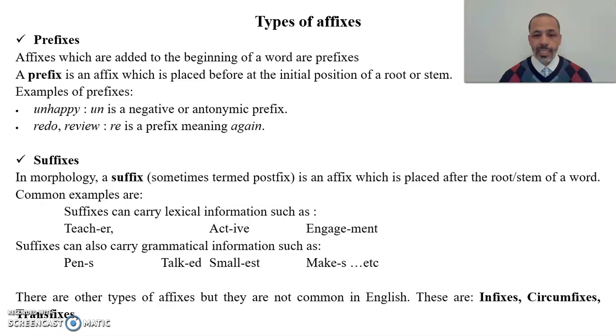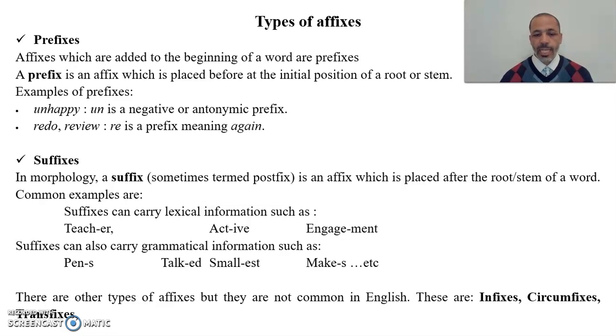Suffixes are added to the final position of a word. They are placed after the root or a stem. Common examples: teach becomes teacher with er at the end, act becomes active with iv at the end, engage becomes engagement with ment at the end.